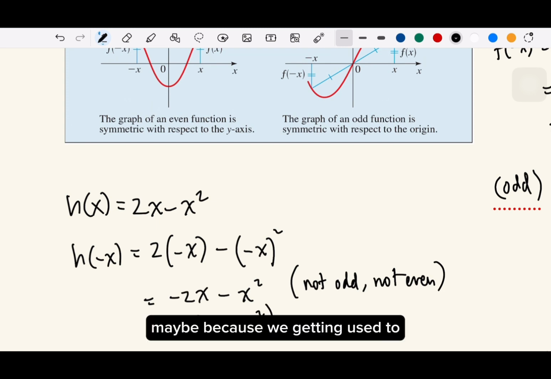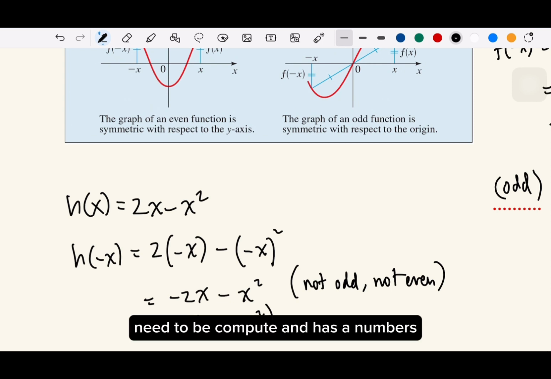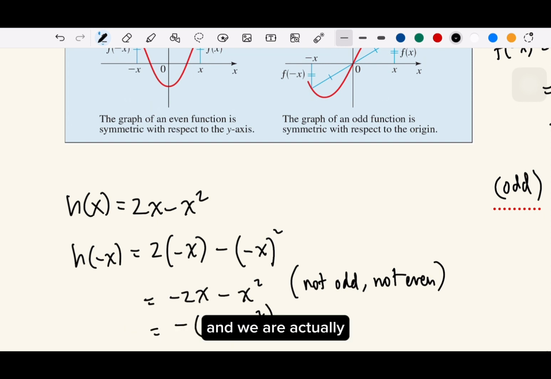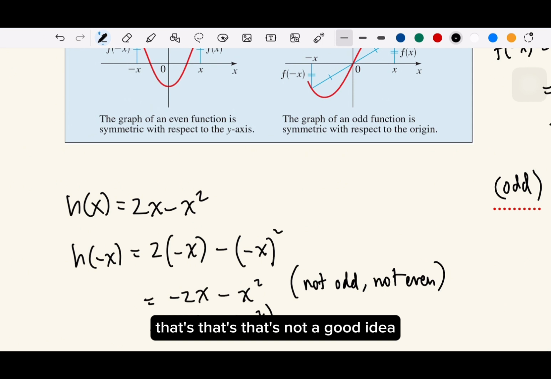Maybe it's because we are getting used to exams and math questions that need to be computed and have numbers, and going to high school or somewhere, you need to have a test, and then you force out the answer by faking the equations. That's not a good idea.